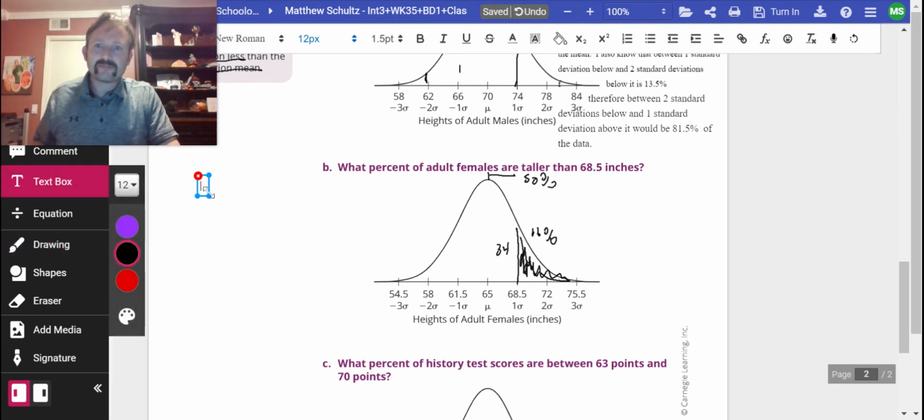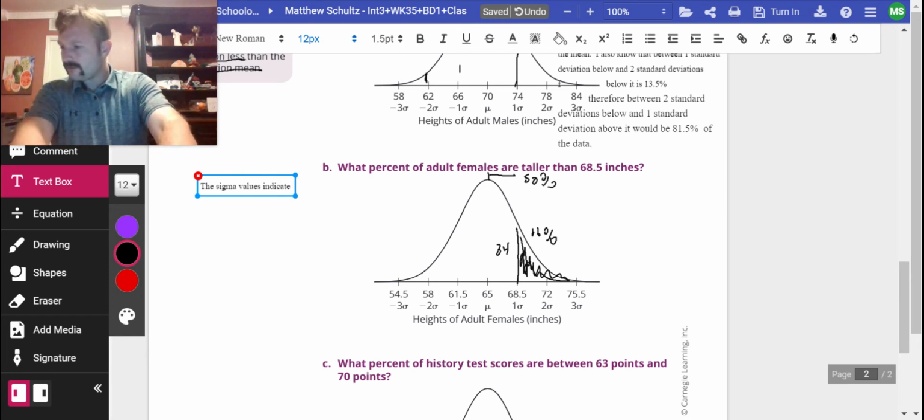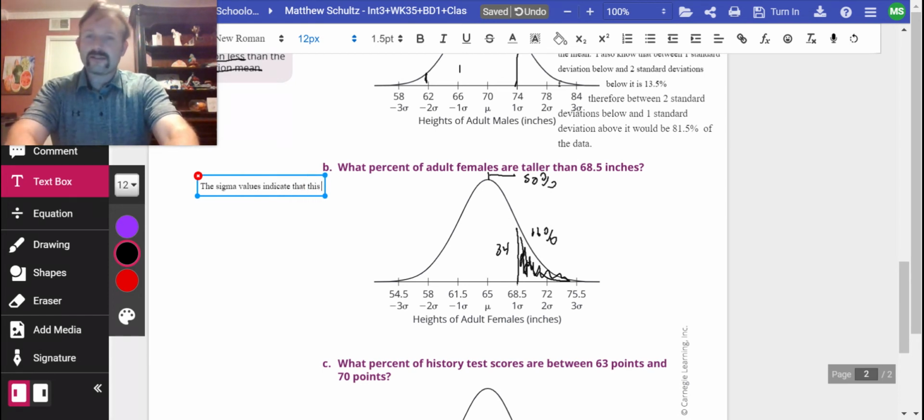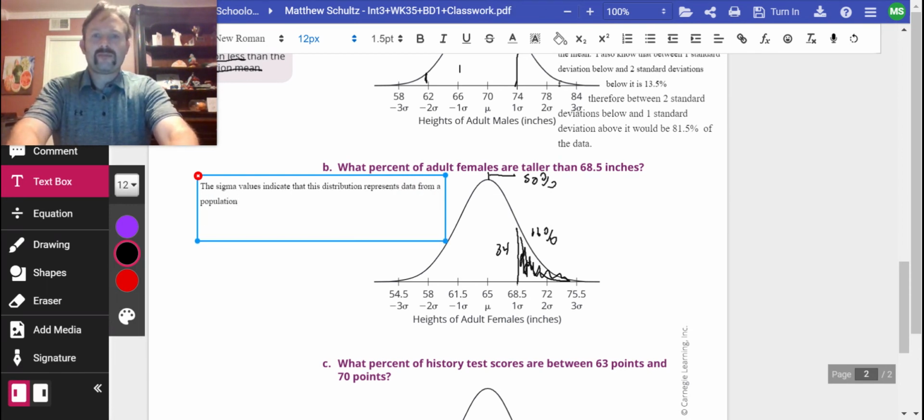Lots of typing. The sigma values indicate that this distribution represents data from a population. 50% of the population is above the mean.